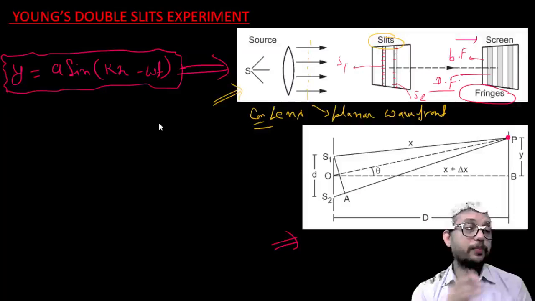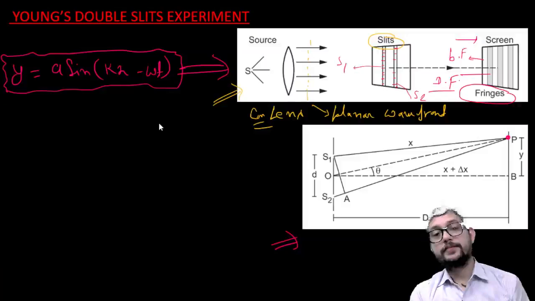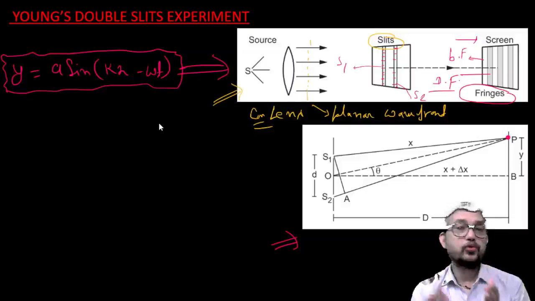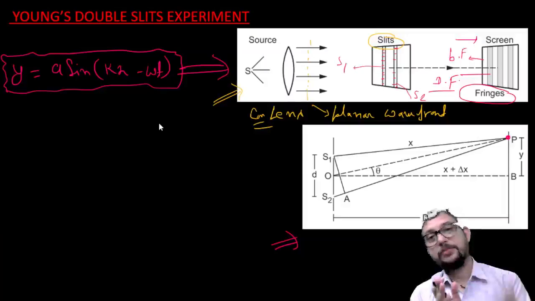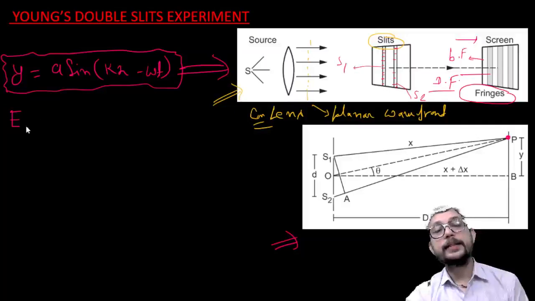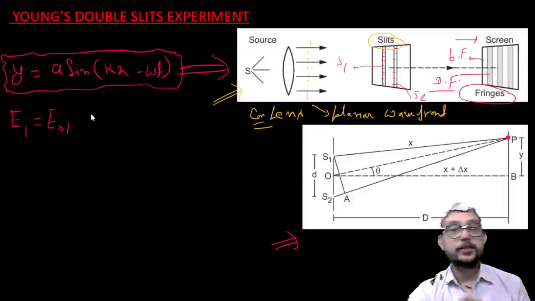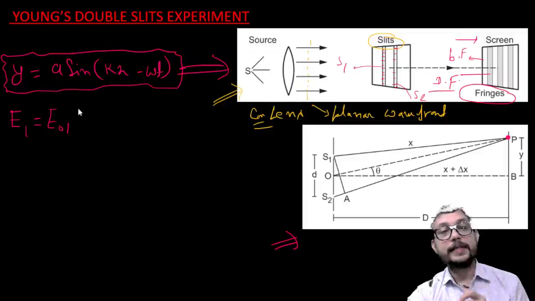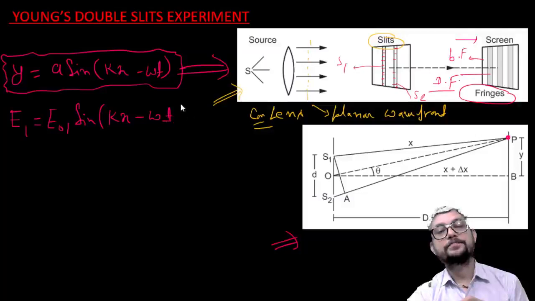With the help of this equation, he assumed that if we have two waves, one coming from source S1 and another from source S2, then there must be two equations. The first equation, let it be E1. So E1 will be E01, the maximum magnitude of the first light wave, times sine (kx minus omega t).